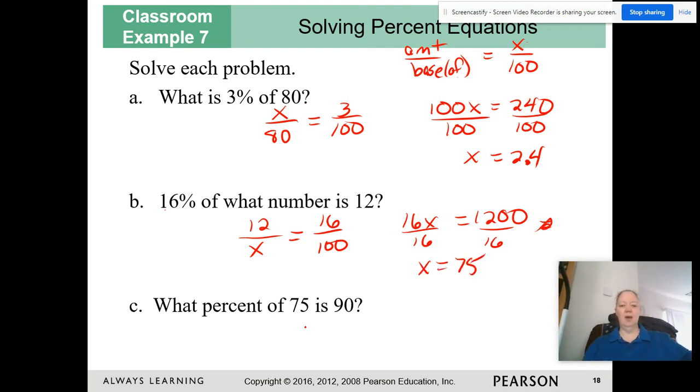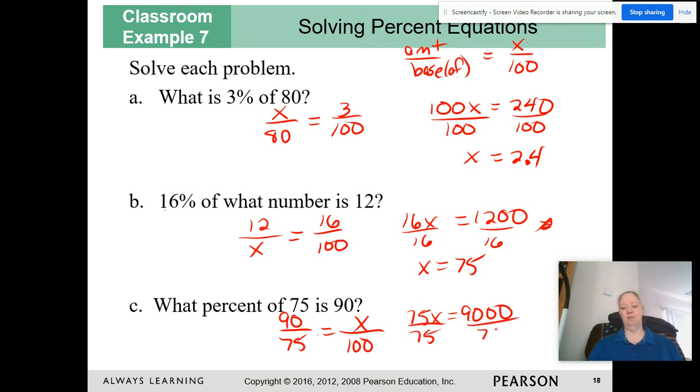Okay, what percent of 75 is 90? We don't know the percent of 75. So that's going to be my base. Okay, cross multiply, 75x equals 90, 2 more zeros because I'm multiplying by 100, divide by 75.